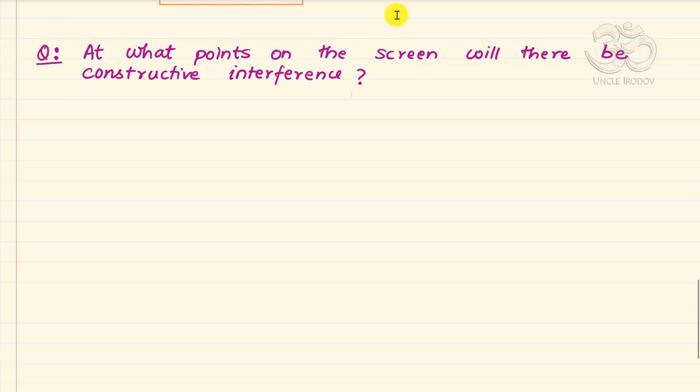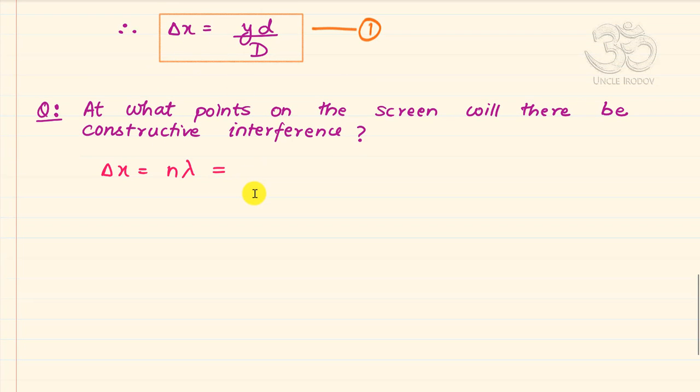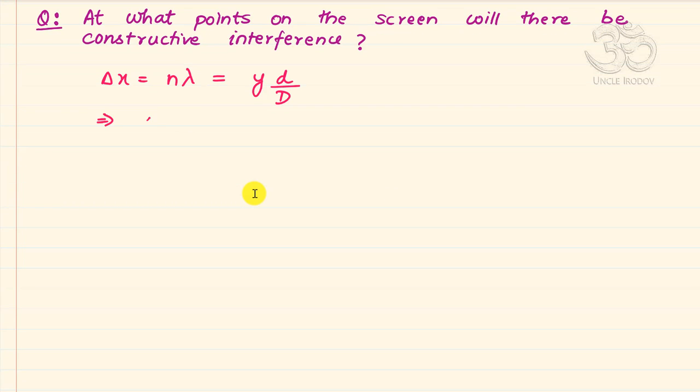Now I know that for there to be constructive interference at some points on the screen, the value of delta X should be equal to n times the wavelength, and that will give you n lambda is equal to, we have equation number 1 right here in front of us, y d by D. So y small d by capital D, and if you solve this for y, you are going to get n times lambda capital D by small d, and inserting different integer values for n will give you the values of y, where delta X will be equal to n lambda, and so where we are going to have constructive interference.